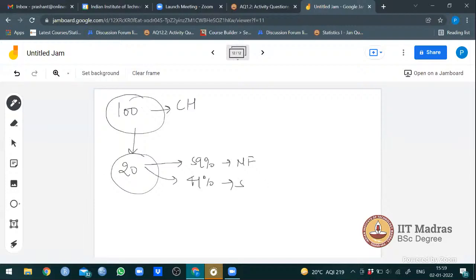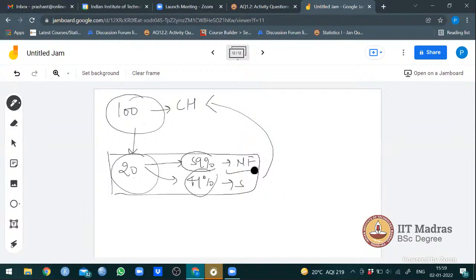And on the behalf of this analysis, suppose you say that the majority of all the people in Chennai say it's a normal flu and 41% say it's serious, then it will be inferential.